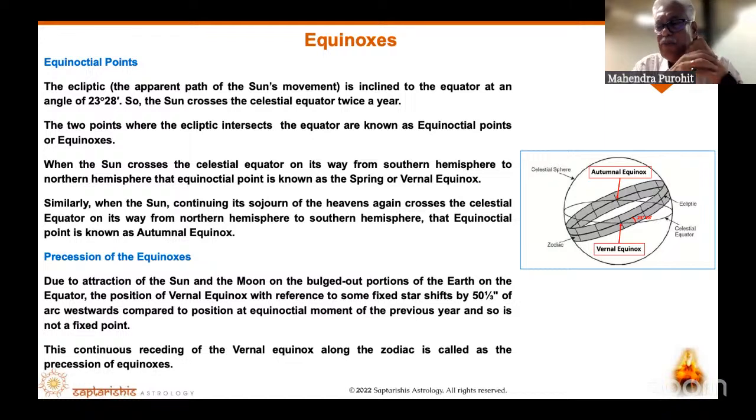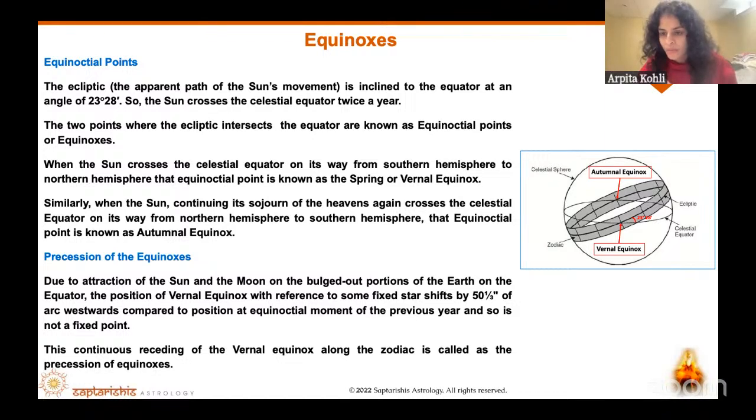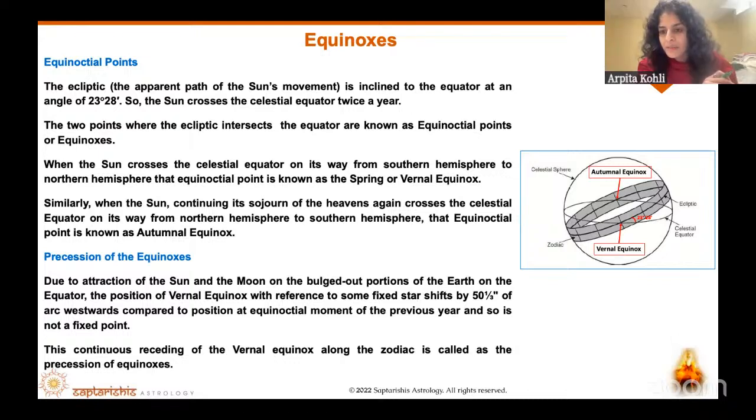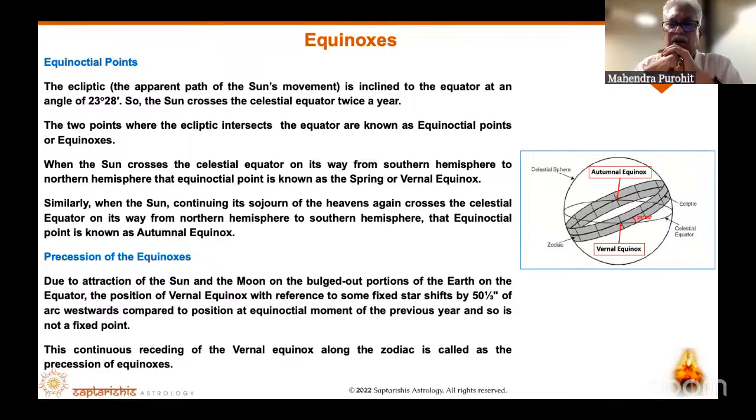Sir, CHL doesn't have all the places, no, sir. Places, when you're entering place of birth. Yes. So CHL doesn't have all the places, right? So then you have to go and look for longitude and latitude of that place. Yeah, on Google Map or somewhere else you can find out.